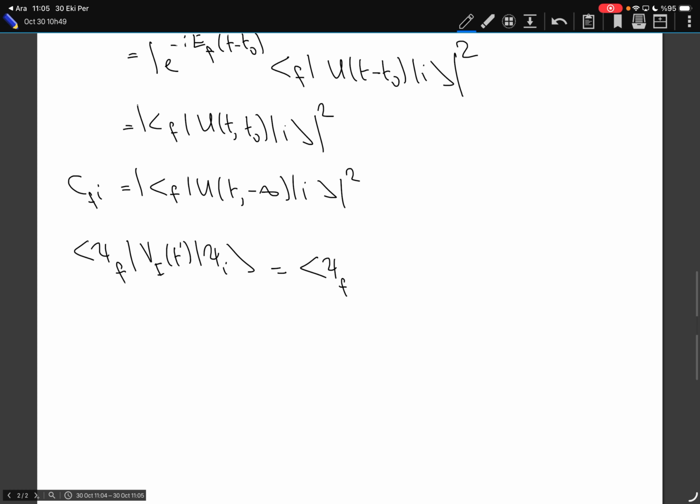Remember, the operators in the interaction picture evolve by H0. So this is e to the power i H0 t prime V e to the power minus i H0 t, e to the power eta t.